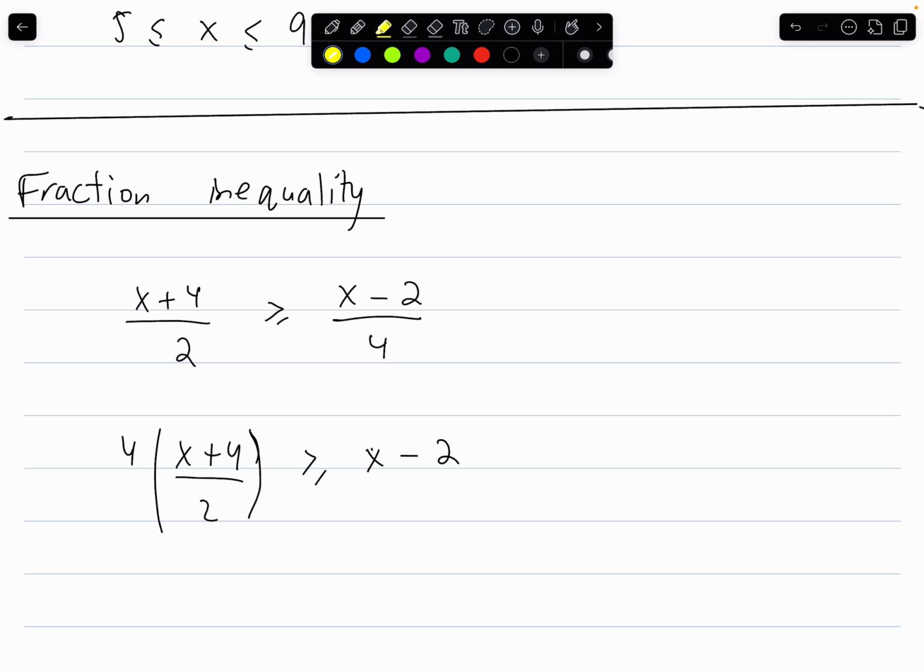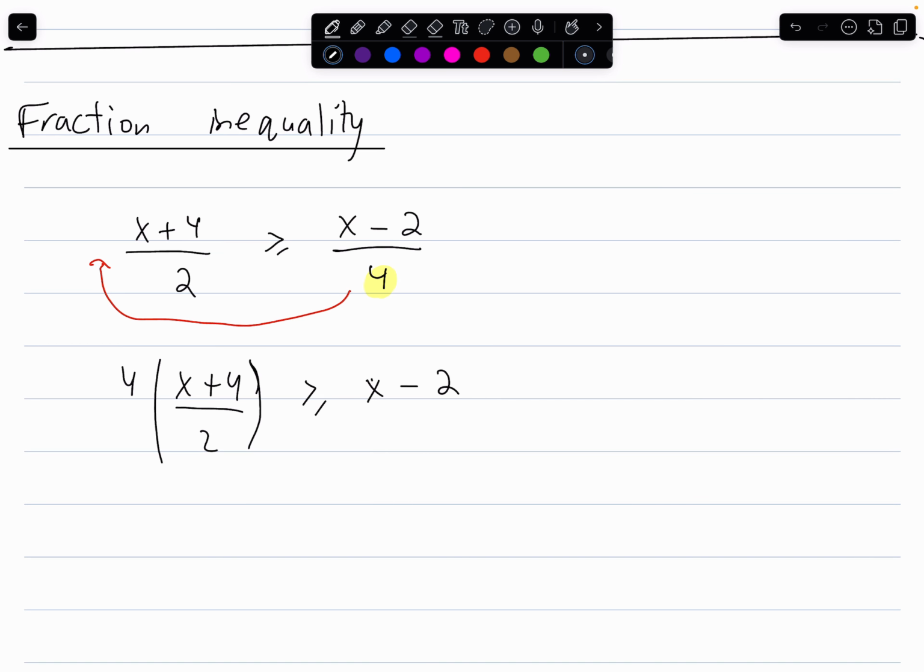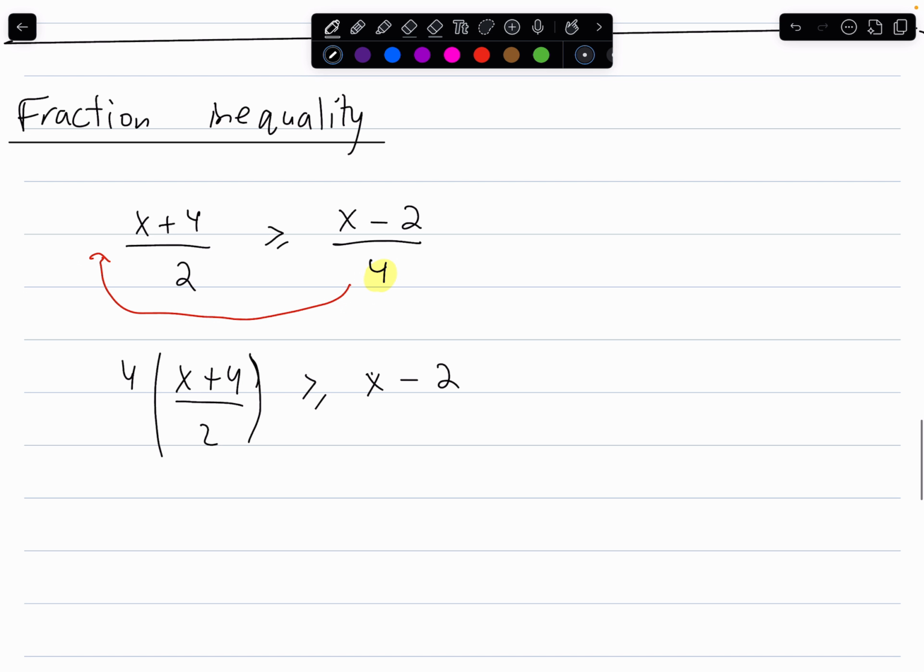So all I did was I took this 4 and I multiplied it up here, right? Because it's being divided on the right side, when I bring it over to the other side, it's going to be multiplied. You know what might even be easier? I'll do it in one step for you guys. I'm basically taking the 2, multiplying up here, and taking the 4 and multiplying up here.